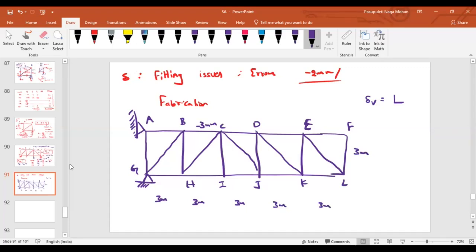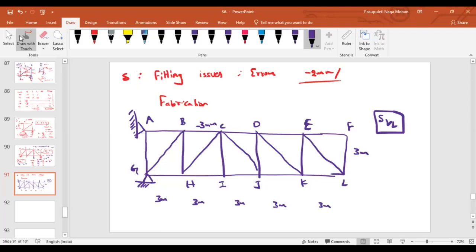Is it a clear question? Just give me an idea how you guys will approach this. Do not solve or do anything. There is a fabrication error in the member BC, that is minus 3 mm. If so, we have to find out the vertical deflection that happened at point L. Only at the BC member.